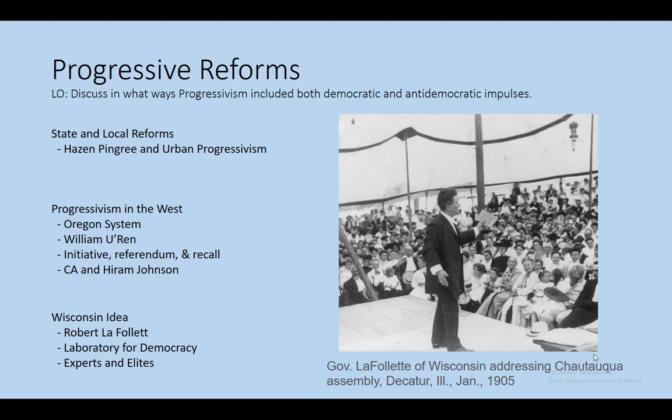In rural places, that's not very realistic, but if you go to big metropolitan areas like Washington, D.C., like New York City, public transit is the way most people get around. At the local level, they'll also be raising property taxes to pay for things like schools and parks and public facilities. And a good example of this in action is Hazen Pingree, who was the mayor of Detroit from 1889 to 1897. And he was a big kind of proponent of what he characterized as urban progressivism.